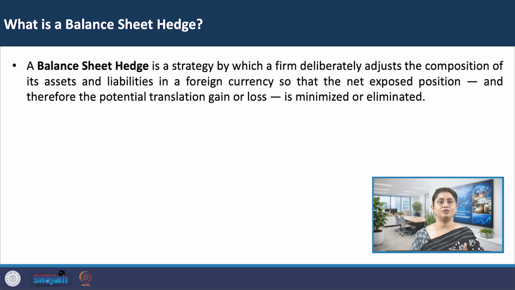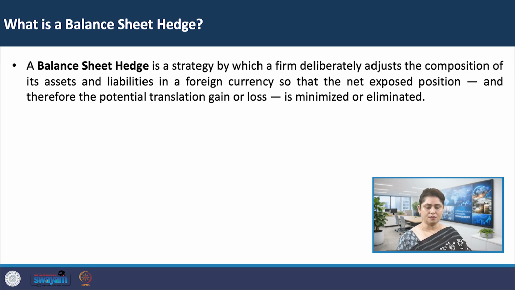And the goal is to reduce the net exposed position, that is, the gap between exposed assets and exposed liabilities. Because translation gain or loss does not arise on the total assets or total liabilities in isolation. It arises on the net, that is, on the difference between the two.